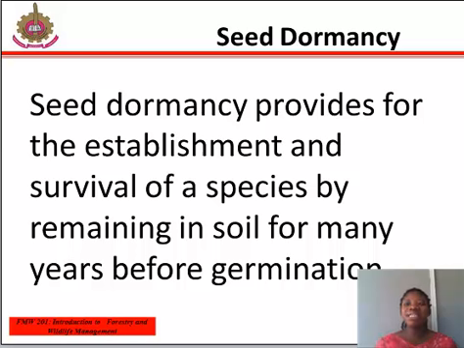Seed dormancy provides for the establishment and survival of a species by remaining in the soil for many years before germination. It also restricts seed germination in hot and dry regions to the short, wet period of the year.